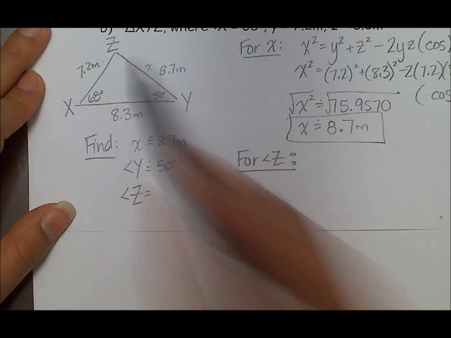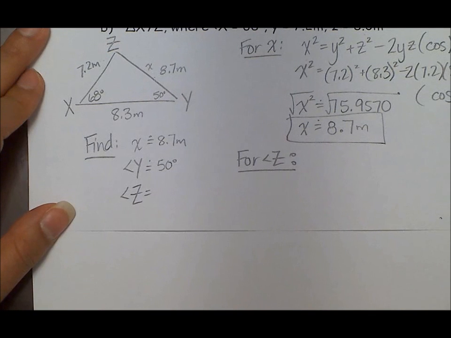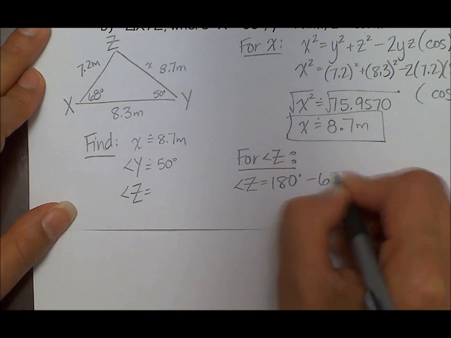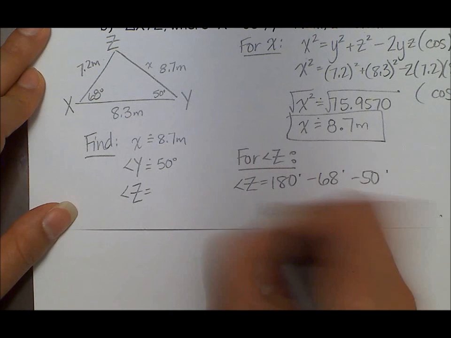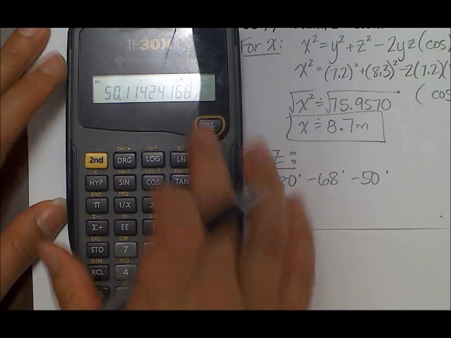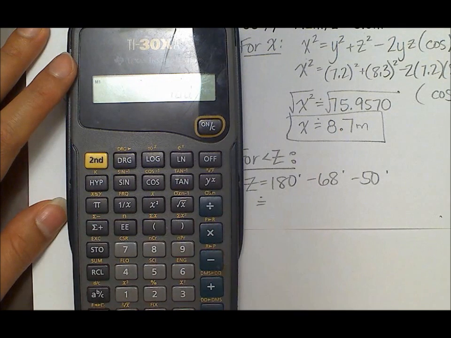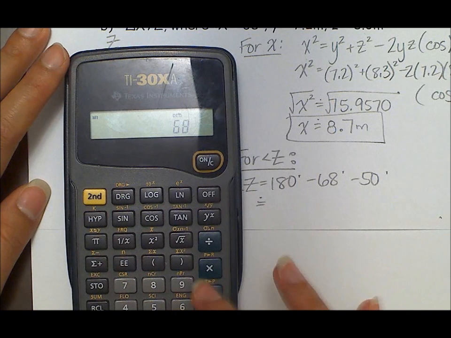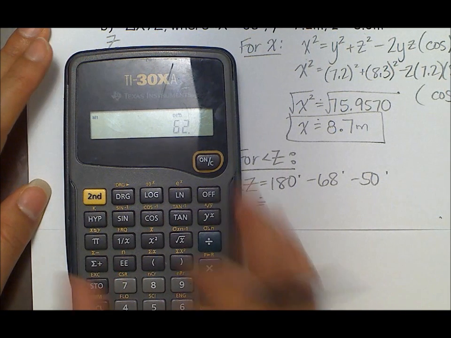And you're going to subtract them from 180 degrees. So angle z is equal to 180 degrees minus 68 minus 50. And angle z would be approximately about 62 degrees.